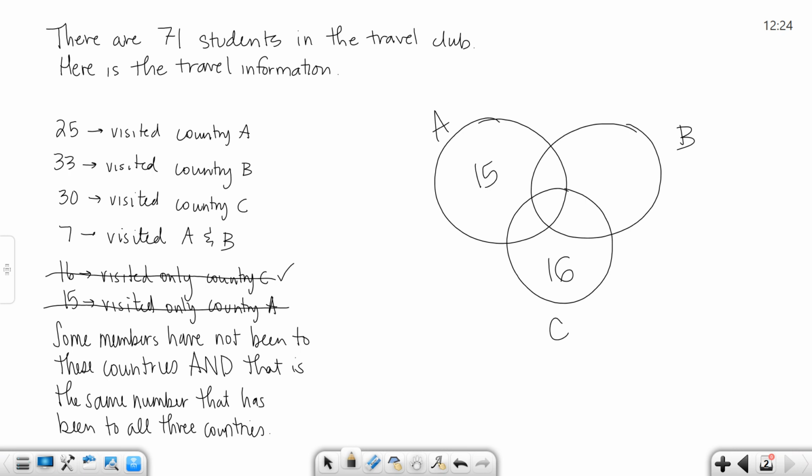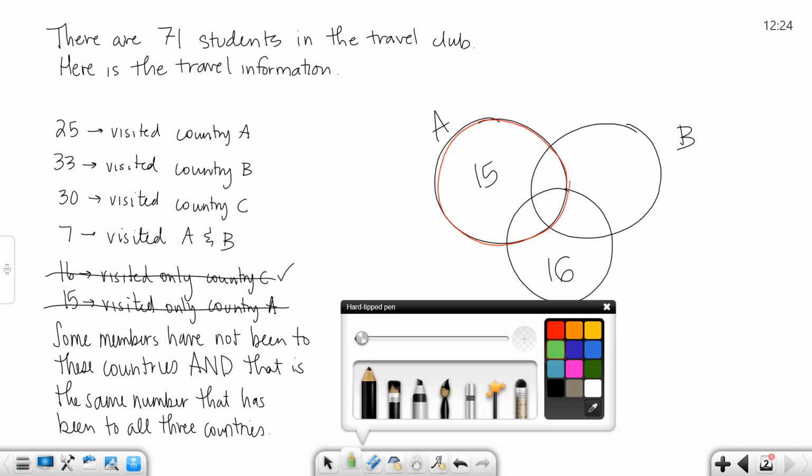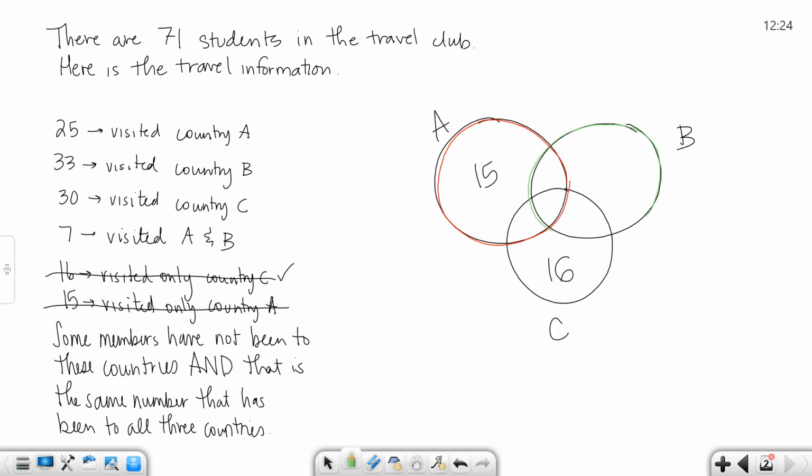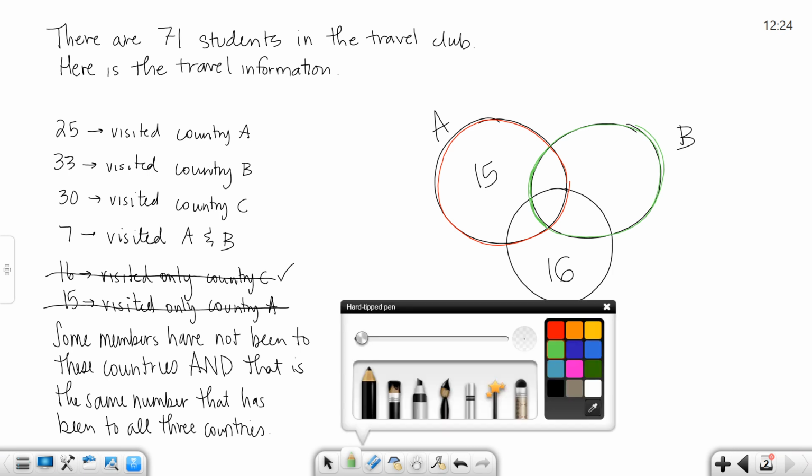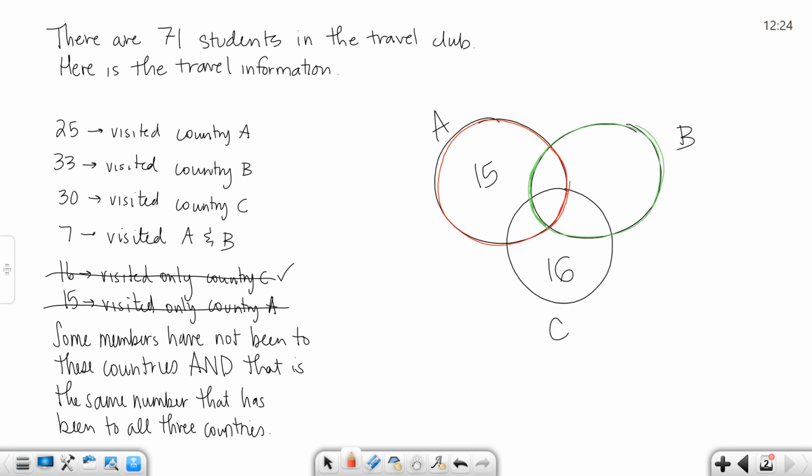Alright, so let's backtrack. Then I'm going to do A and B, and it says 7 visited A and B. Okay, so that's a tough one. 7 visited A and B. That's the hard part. Okay, so here's A, and here's B, and I know that 7 people, I'm going to color that a little better. 7 people lie in that region.